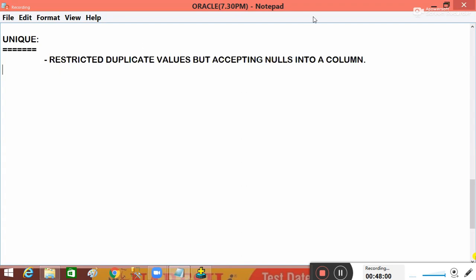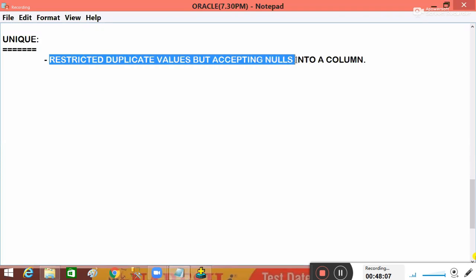So carefully observe, unique constraint nature is: restricted duplicate values but accepting null values into a column.